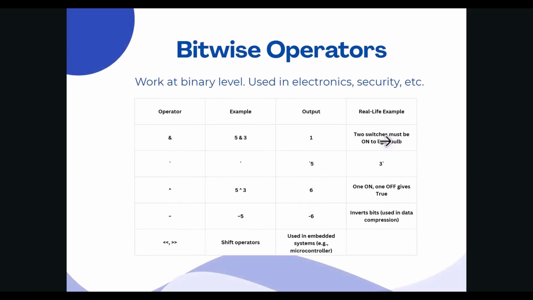Next operator is bitwise. These are binary operations used in hardware, electronics, encryption, decryption, like that. For that, the operators are and, or, not, xor, shift, etc. It is mostly used in advanced systems, or we can say in embedded programming.